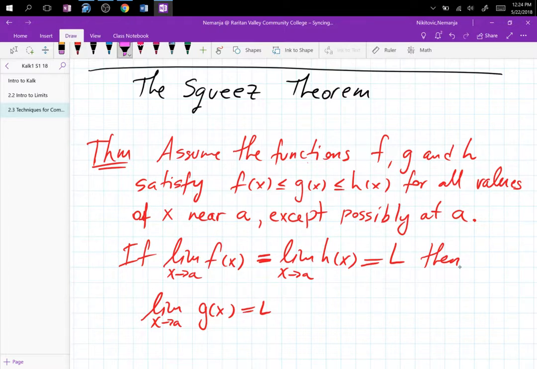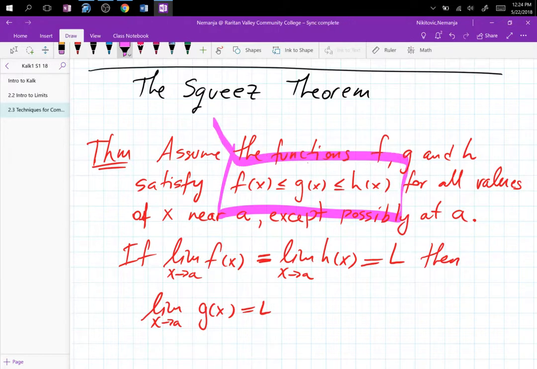What do I mean sandwiched? Right here. See? g is squeezed in between f and h.